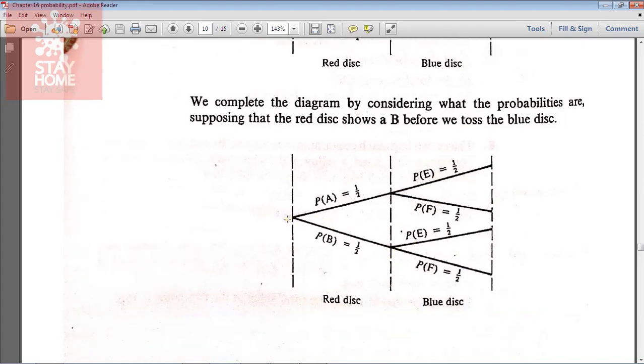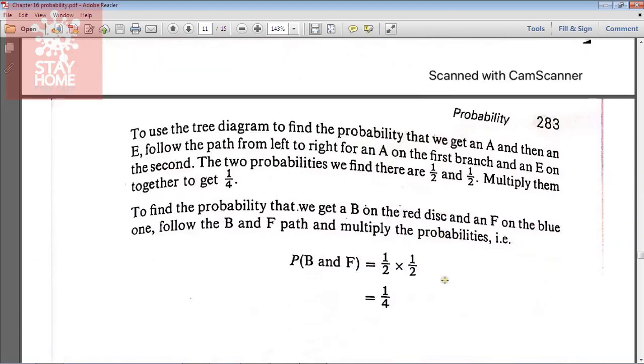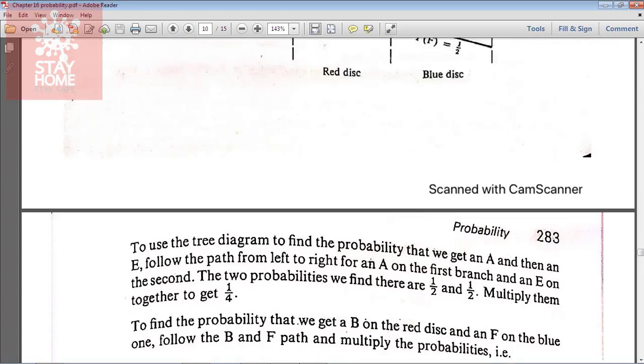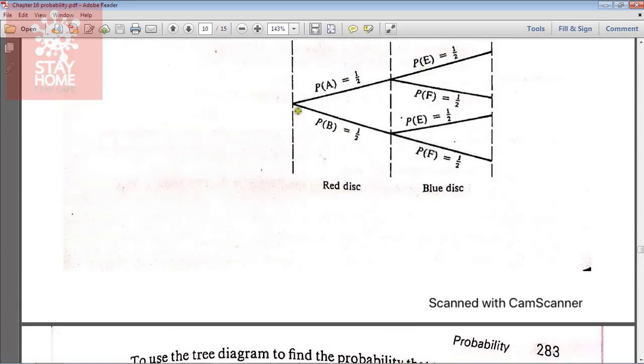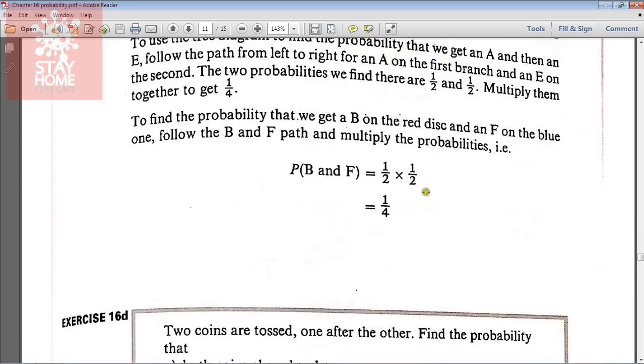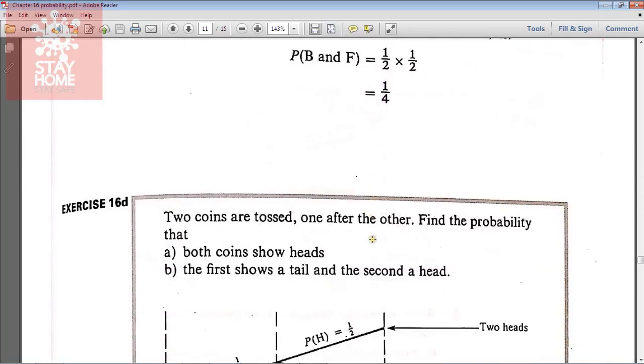So now the probability of A and E will be 1/2 multiplied by 1/2. Probability of A and F will be 1/2 times 1/2. Probability of B and E, probability of B and F. In this way you can find the probabilities. So the probability of B and F, see here, this 1/2 and this 1/2, so that will be 1/4.